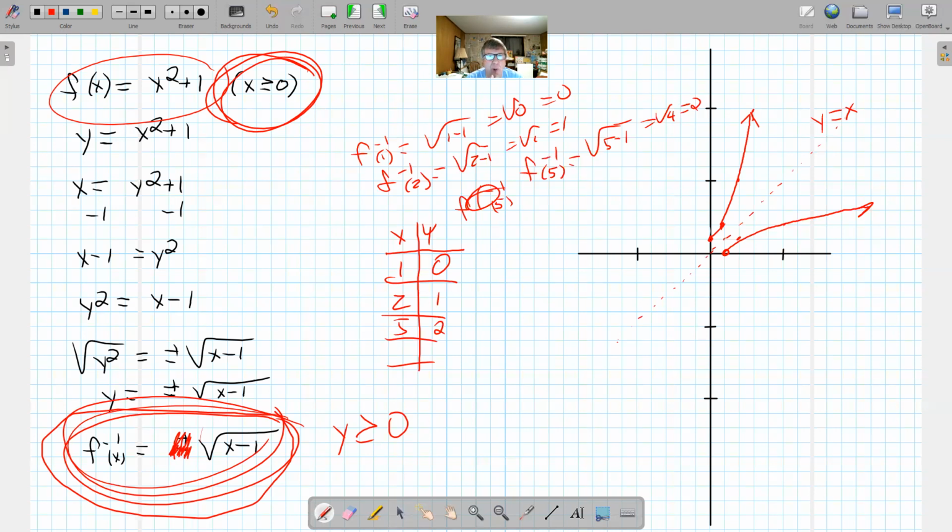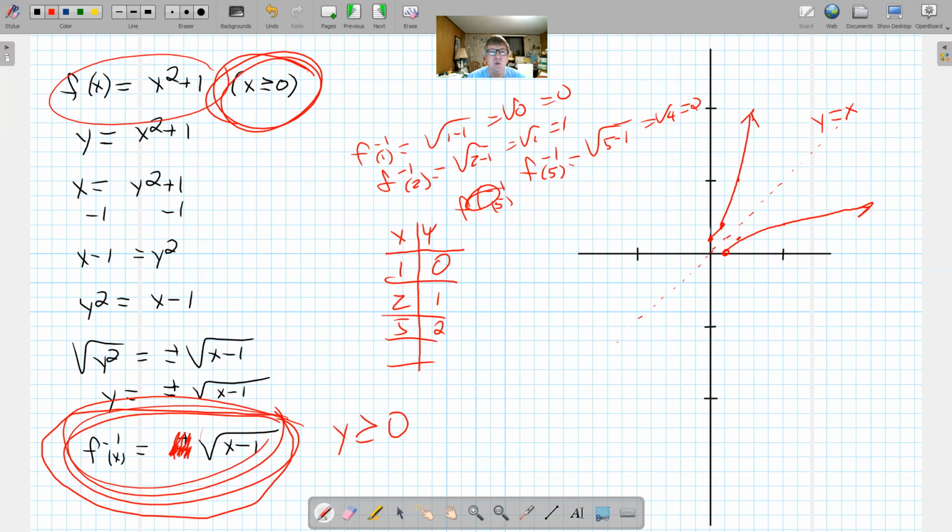There is a four-step process to find the inverse function of a one-to-one function. Step number 1, replace f of x with y. Step number 2, interchange x and y. Step number 3, solve for y. Step number 4, replace y with f inverse of x using inverse function notation.